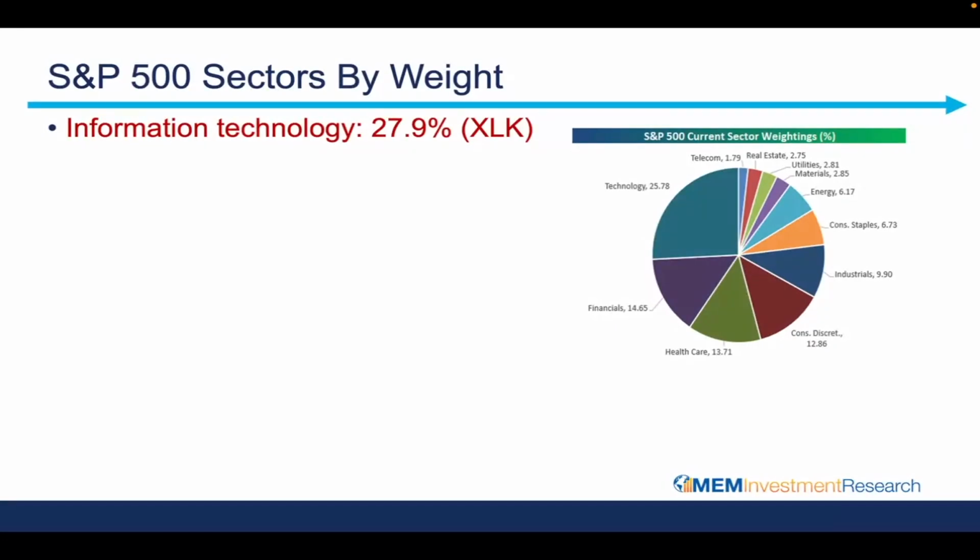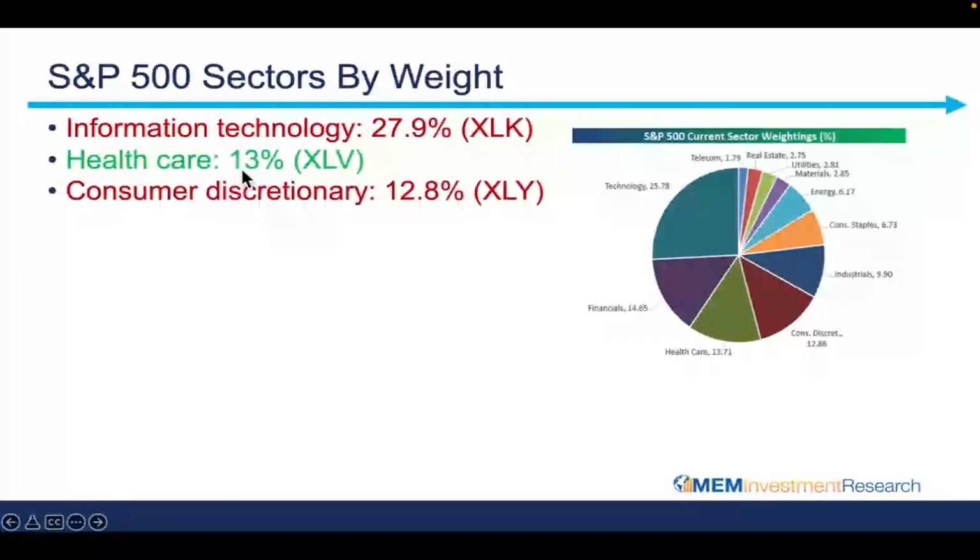And this is important to know if you're trying to gauge whether the broader markets are in an uptrend or not. Take into account this heavy weighting. Healthcare is next up, and it is less than half of information technology. It accounts for 13% of the S&P 500. Consumer discretionary also in that 13% range.